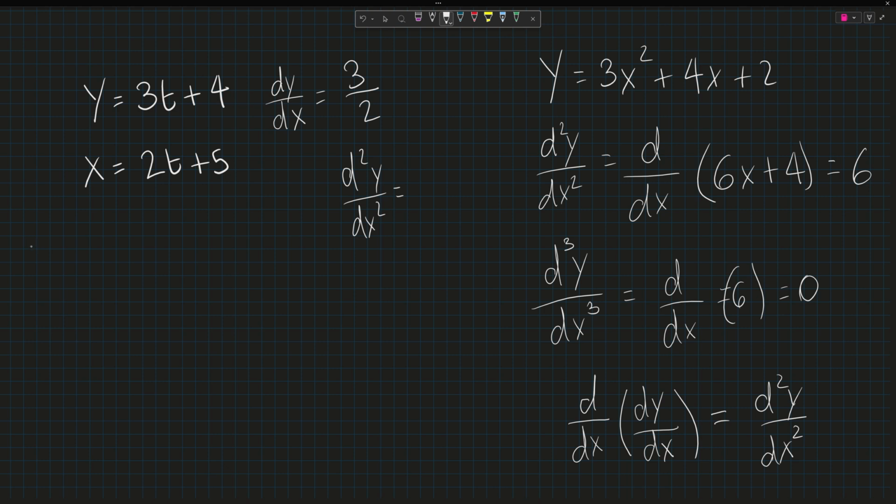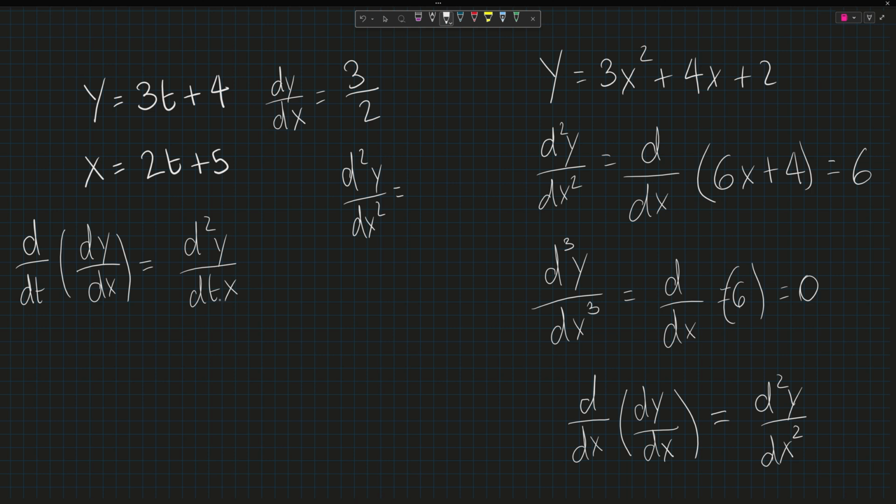So, d over dt is mandatory. You can't do it with x. dy over dx, which we found was 3 over 2 from last time. But when we do this, right, this will end up to be d squared y over dtx.